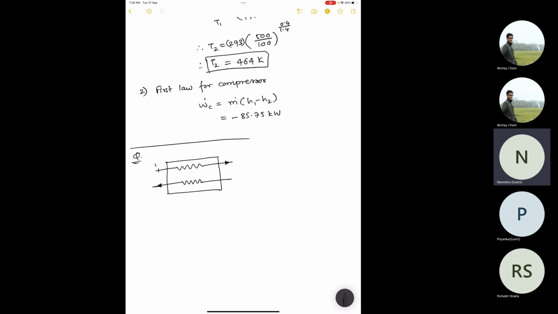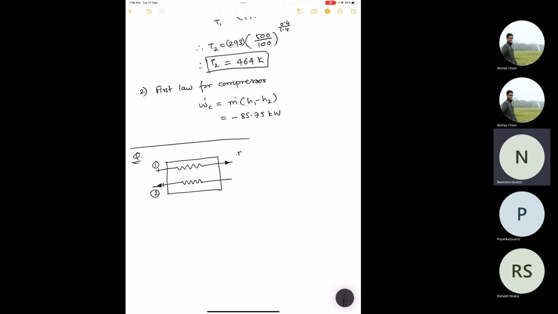So this is the first stream, this is the second stream, and it's an indirect heat transfer. These two streams are not mixing, they are flowing through tubes, and by some mechanism doing the heat transfer.